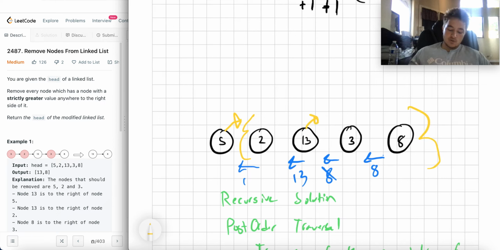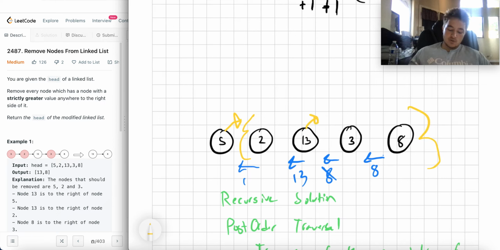And then we'll have to make a decision, right? If the head's value is less than or equal to whatever is the greatest value, greatest to right, let's call it max val. That means we include it, right?